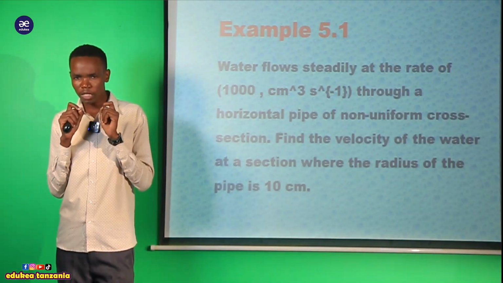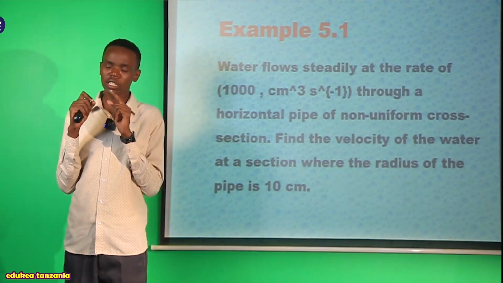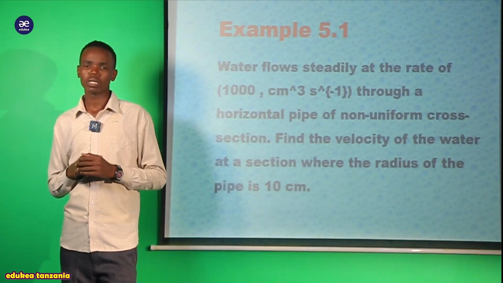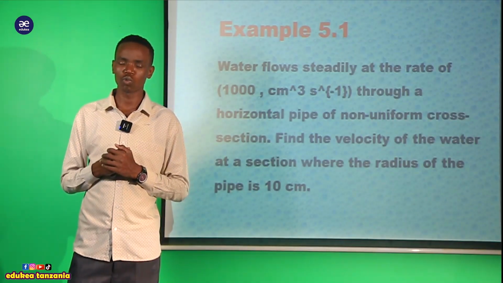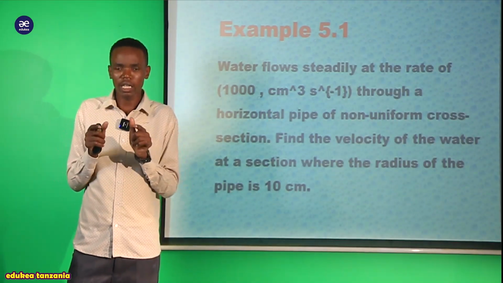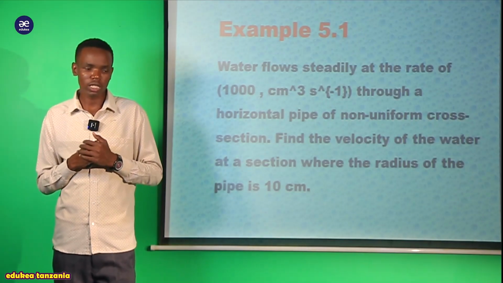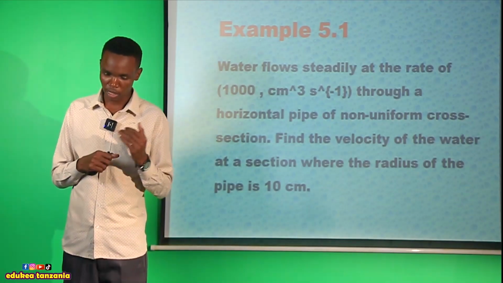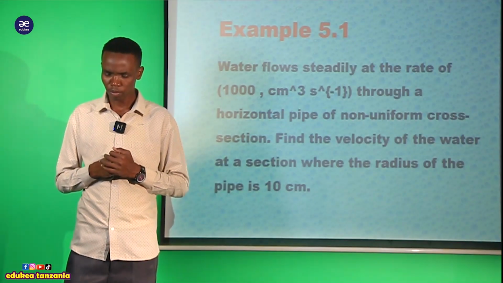But for an incompressible fluid, we know that the density can't change, the density remains constant. We obtain that A1 V1 must be equal to A2 V2, and this explains the volume flow rate, or the volume flux. This is what we explained on the last session.